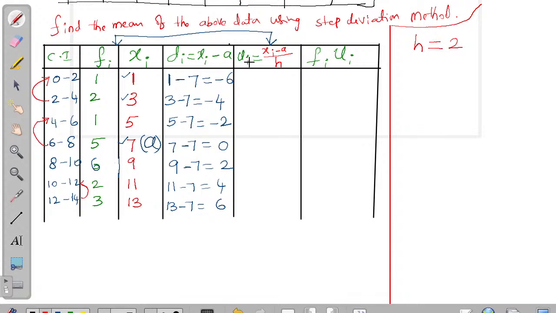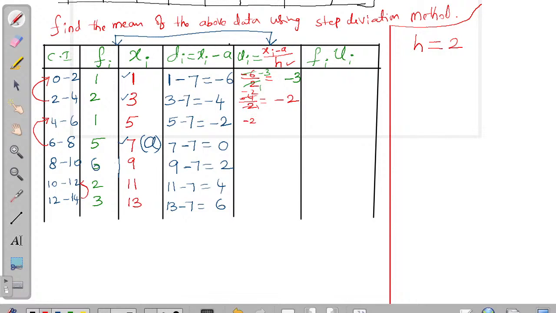So now ui means xi minus a by h. The value of xi minus a is minus 6 by h. H value is how much? 2. So if you cancel in the 2 table, 2 threes are 6, minus 3. So you will get the answer minus 3. After that, the xi minus a value of this is minus 4 by h means 2. 2 twos are 4, minus 2.